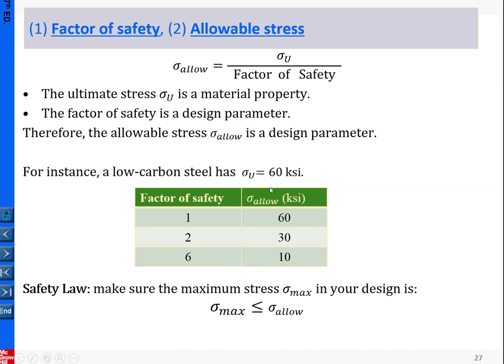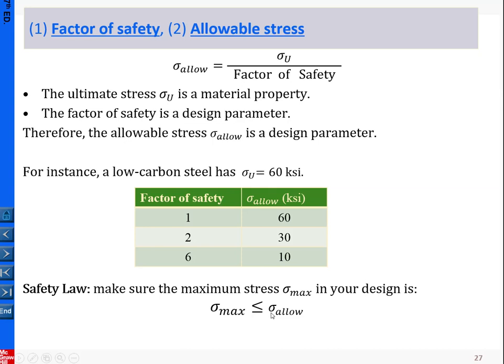Once the allowable stress is determined, which depends on how you pick your factor of safety, the maximum stress that happens in your design must be less than this allowable stress to make sure everything is safe.